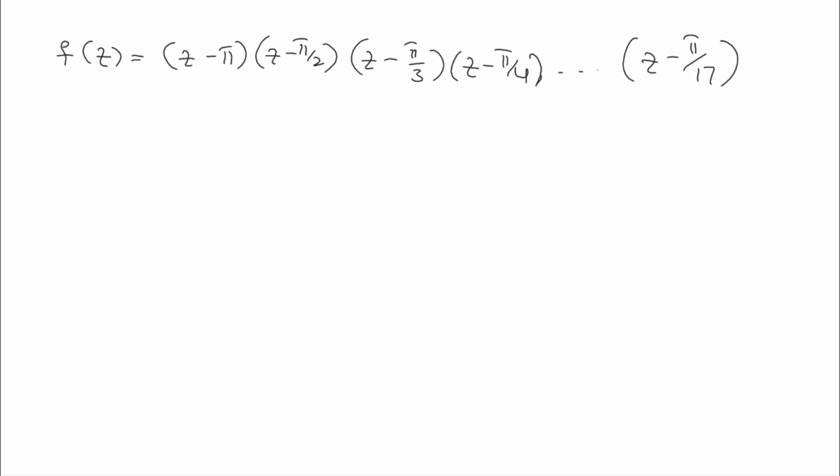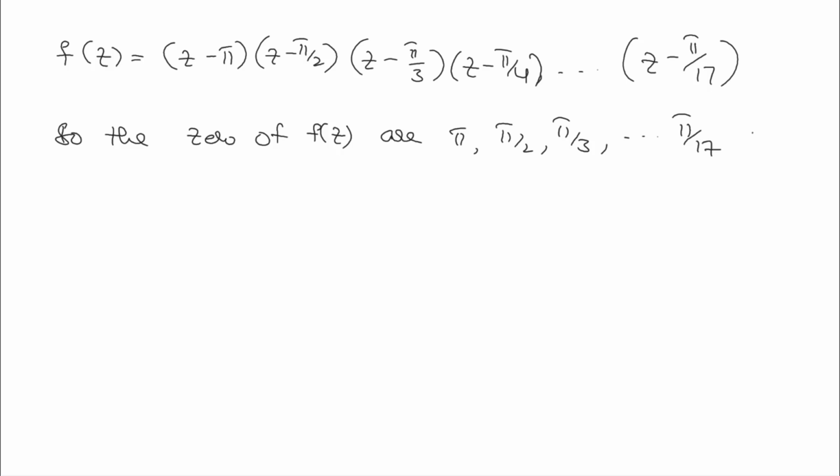So the zeros of f of z are nothing but the points pi, pi by 2, pi by 3 up to pi by 17. And since there are 17 factors, it is a polynomial of degree 17.